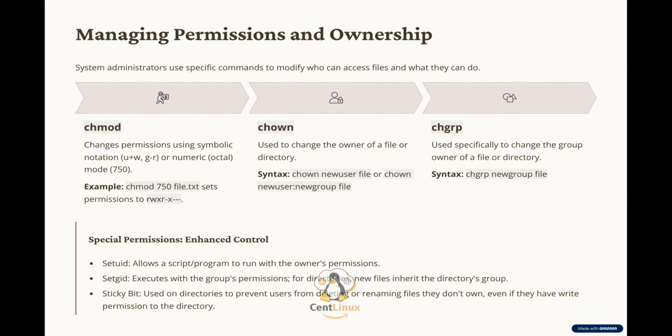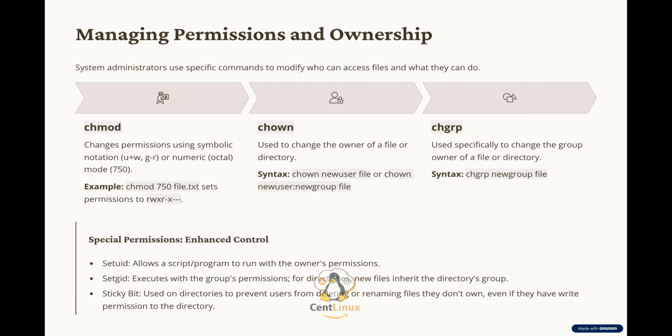Linux provides several key commands for modifying access rights. chmod is used to change permissions. You can use either symbolic notation, like u+w, or g-r, or numeric mode, such as 750. Example, chmod 750 file.txt.